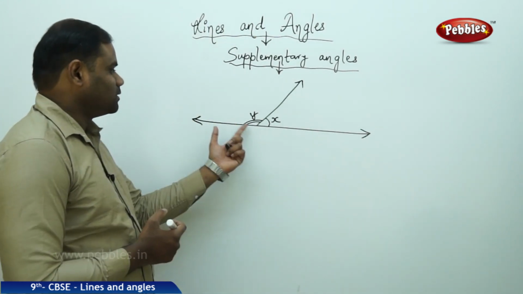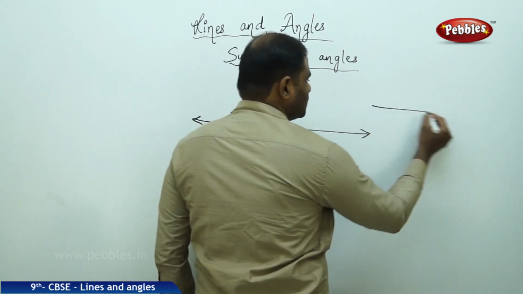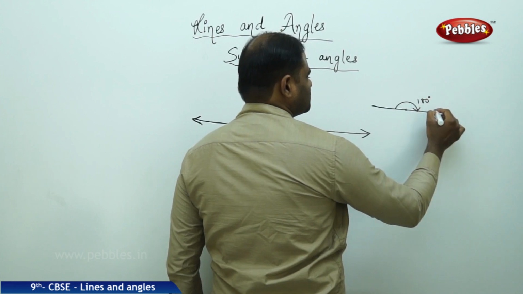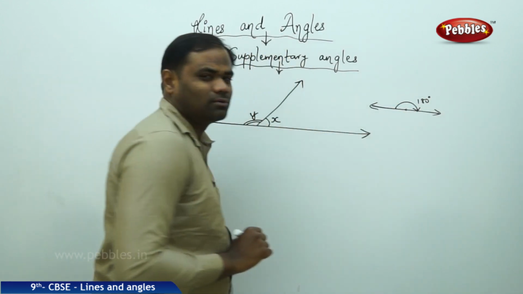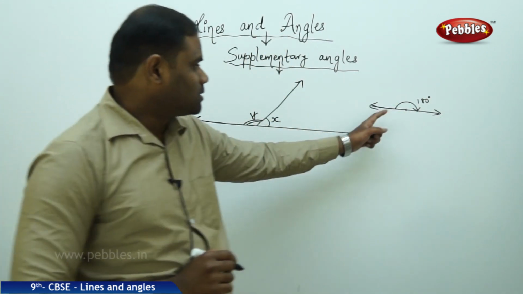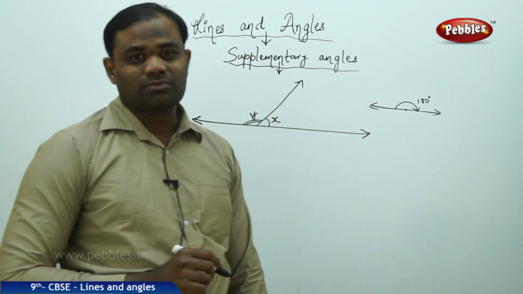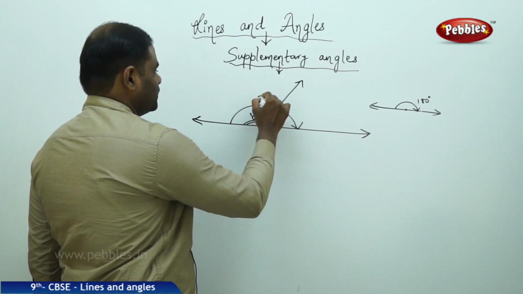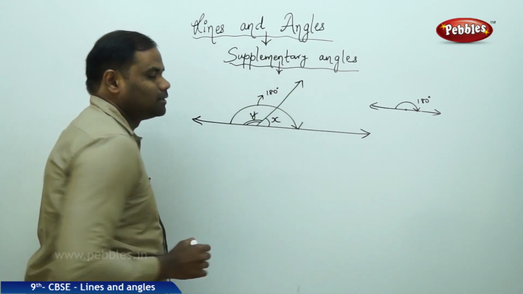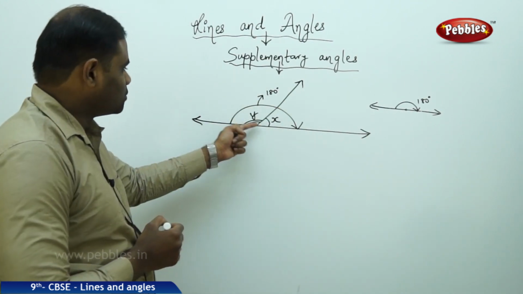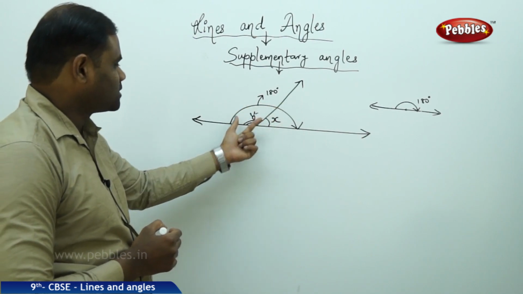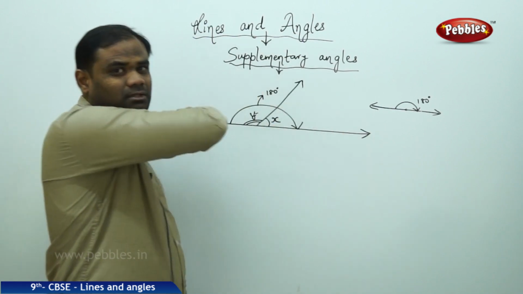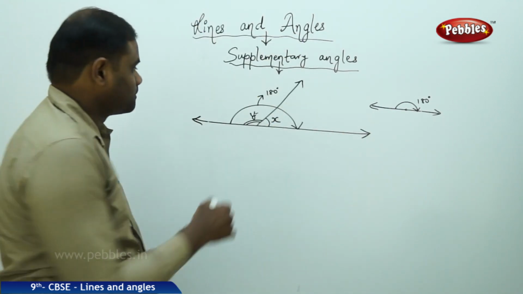Also, I know that the angle on a straight line is always 180 degrees, as we know as a property. So since the angle on a straight line is 180, this whole angle must be 180 degrees. And when I connect this with X and Y, I see that angle X plus angle Y makes the whole angle of the straight line.